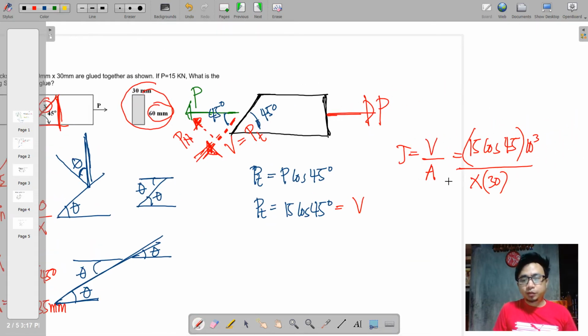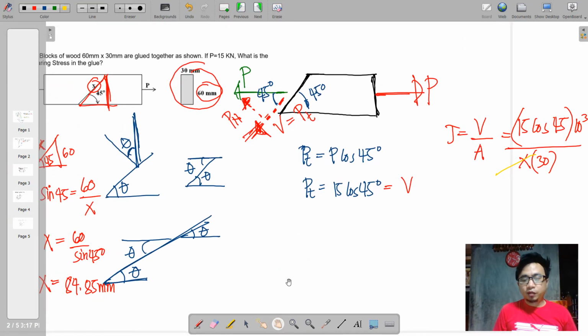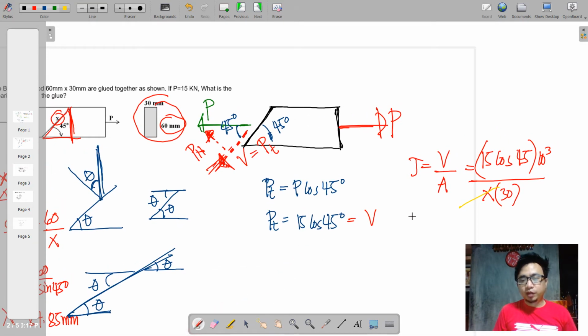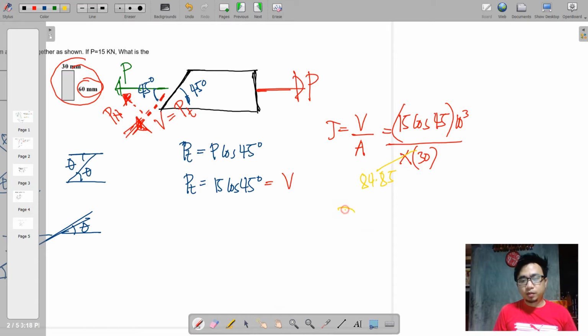So this time we're going to substitute the value of X, 84.85. Okay, so as simple as that, we can now directly derive the value of the shear stress in the glued section. And that yields 4.17 megapascals.